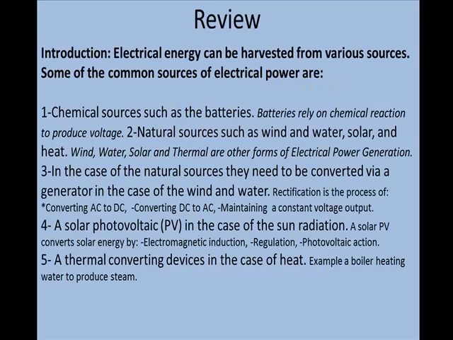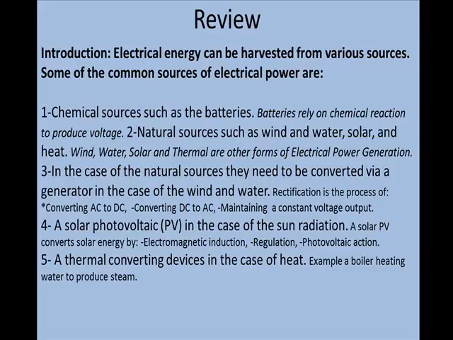The basics. So we can actually say that chemical sources such as batteries rely heavily on chemical reaction to produce a voltage. You also have the fact that there are natural sources such as wind and water, solar and heat. And these are different kinds of natural ways of harvesting energy. We also mentioned that in the case of natural sources, they need to be converted via a generator.